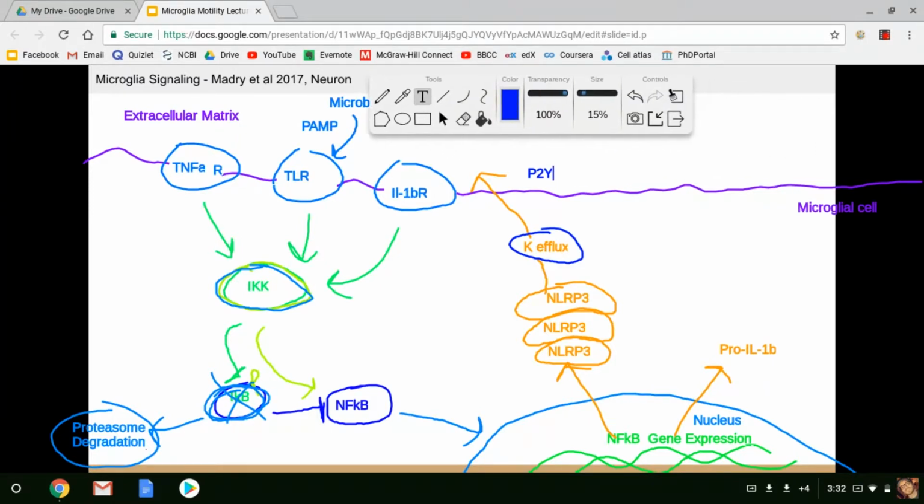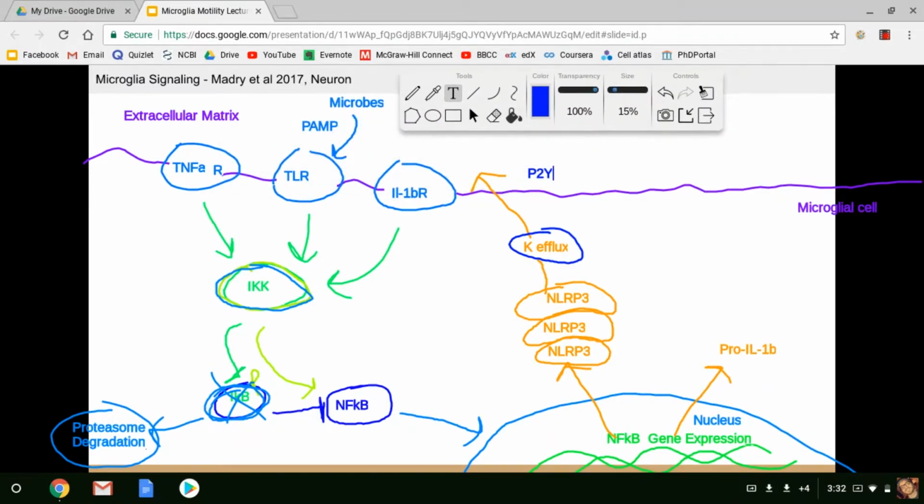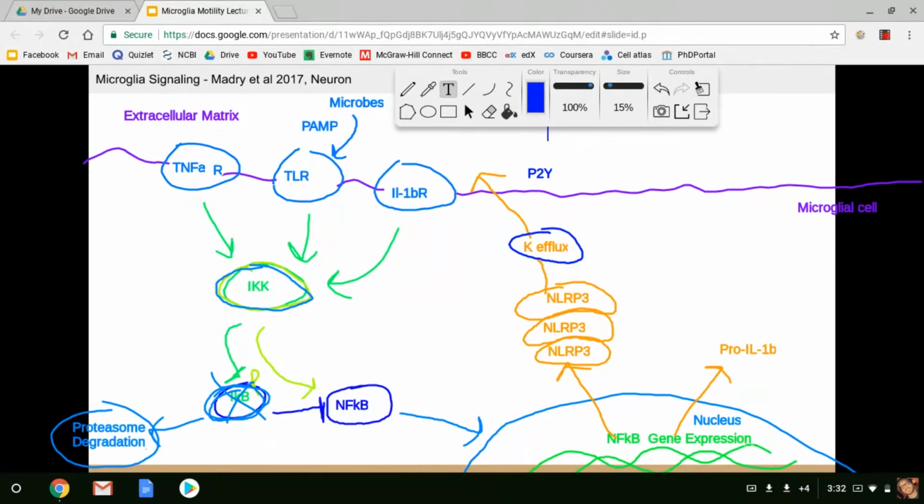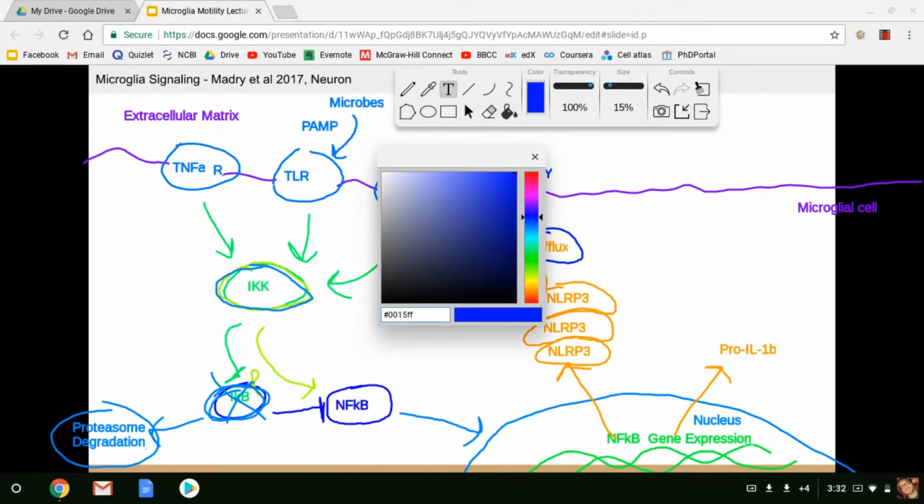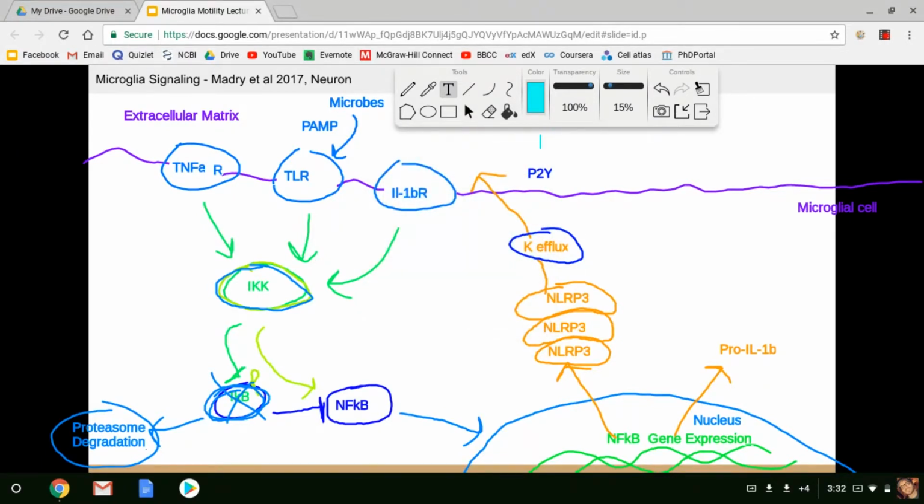P2Y you might recognize as an ATP receptor, which we'll talk about on the next slide. But P2Y is a receptor for ATP. When ATP binds to P2Y, it opens up a channel causing the efflux of potassium. So potassium is being squirted out of the cell when ATP binds to P2Y.